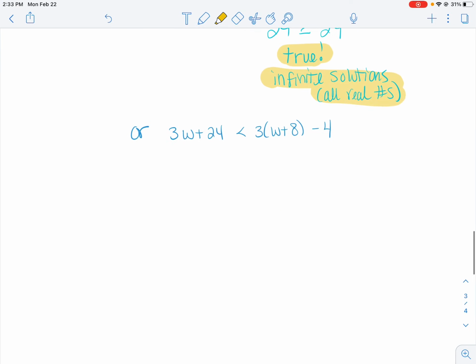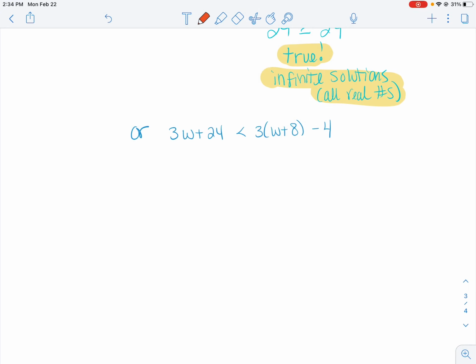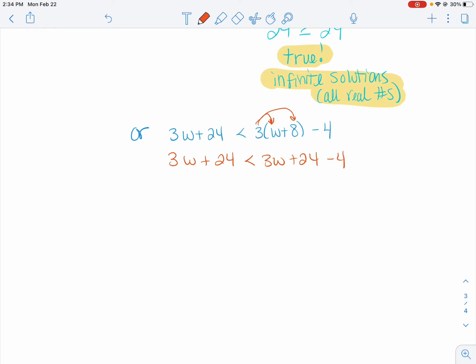So let's look at one more iteration of this. Again, 3w plus 24 less than, and so I'm going to distribute here, 3 times w and 3 times 8. So 3w plus 24 is less than 3w plus 24 minus 4. Now let's try and solve. So I'm going to combine like terms on the same side.